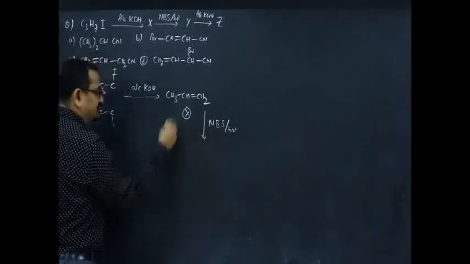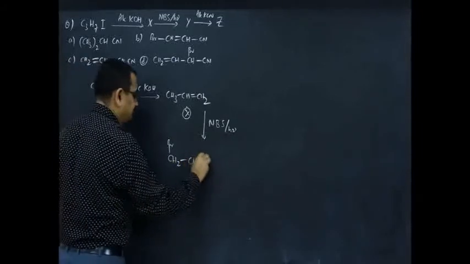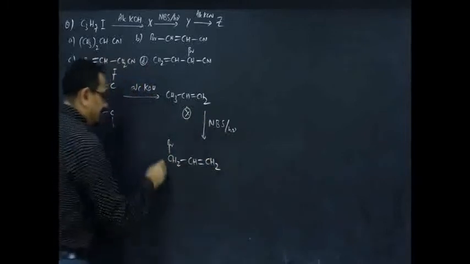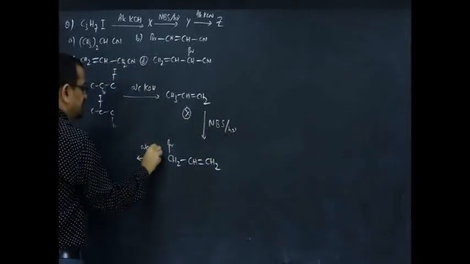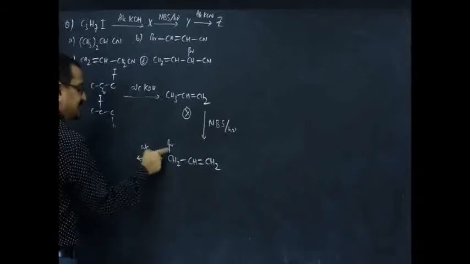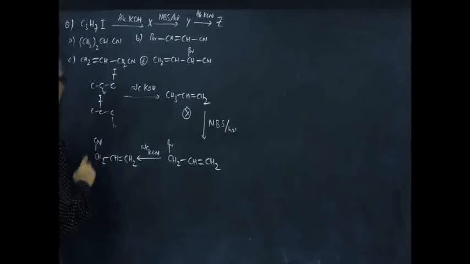So, N-bromosuccinimide gives allyl bromide as the product. Now, this allyl bromide is subjected to nucleophilic substitution using alcoholic KCN, where CN minus replaces bromide. The product will be CH2CN-CH=CH2. Now, which is the relevant option? This one, option C.